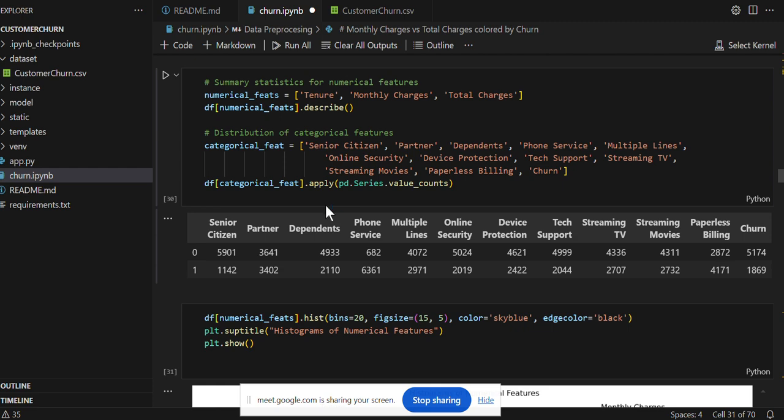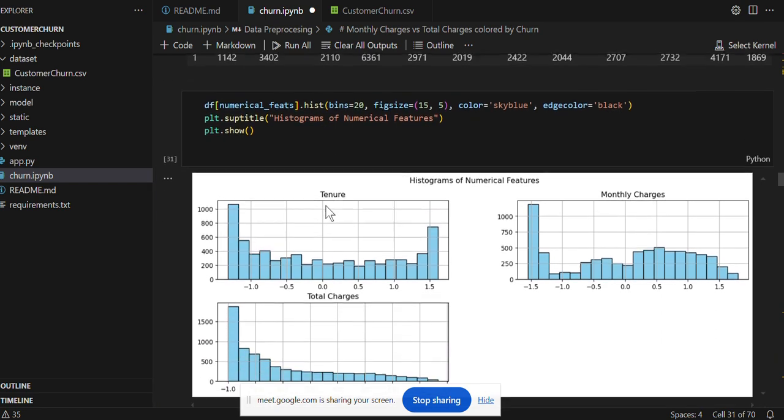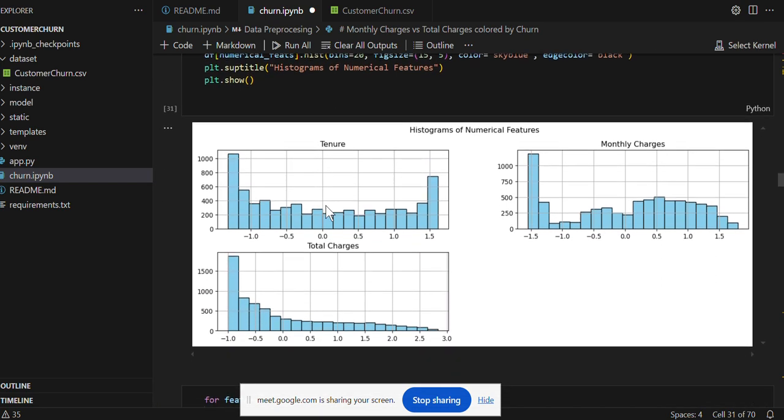Go down. We can see for tenure the histogram for numerical features. For the first bar, let's say it is around minus 0.9 or 0.8. You are now saying from the standardized record, 0.8 of the standardized tenure is up to 1,000 plus.